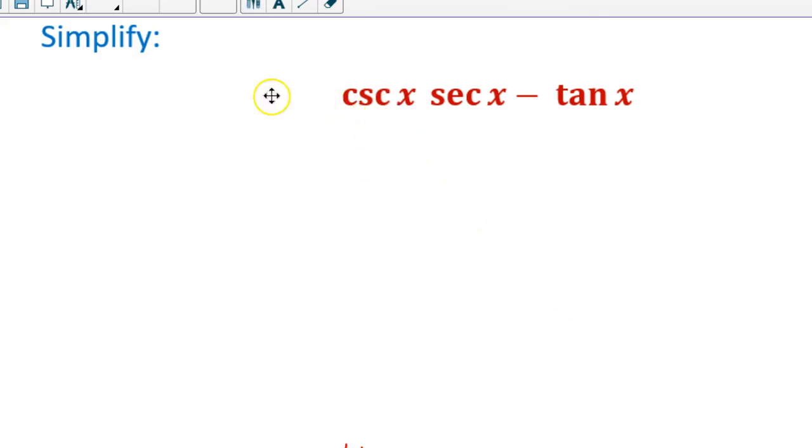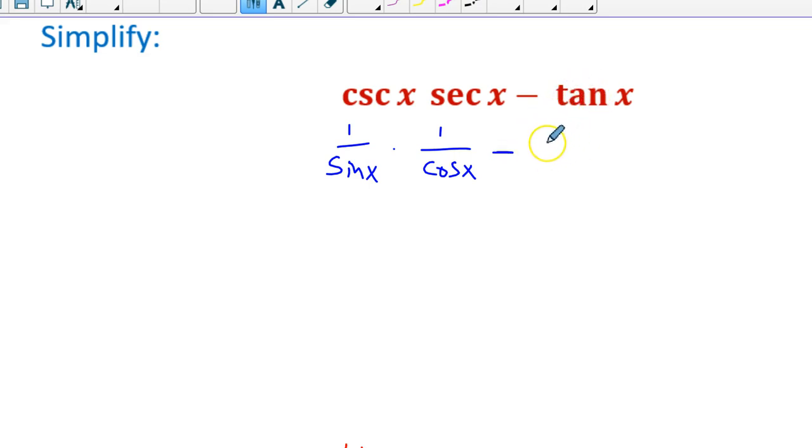For cosecant, it is 1 over sine x, times secant, which is 1 over cosine x, using the reciprocal trigonometric ratios, minus, using the quotient identity, tangent is sine x over cosine x.